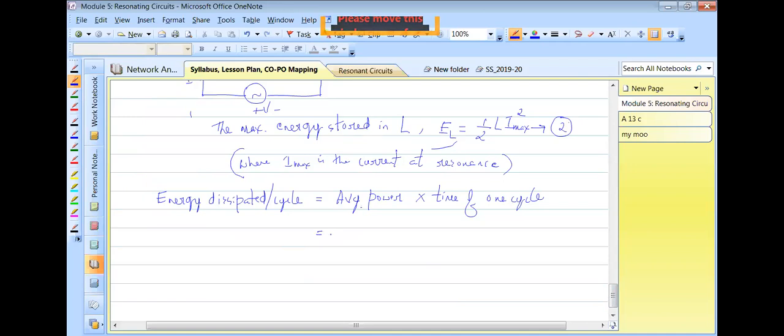What is average power? Average power is (Im by root 2) whole squared into R.